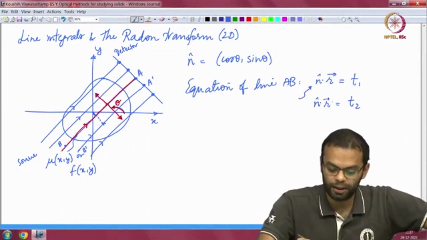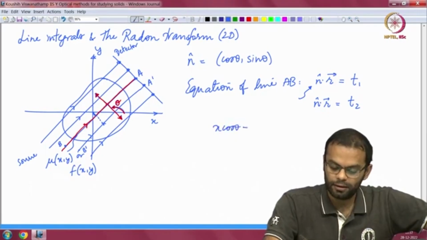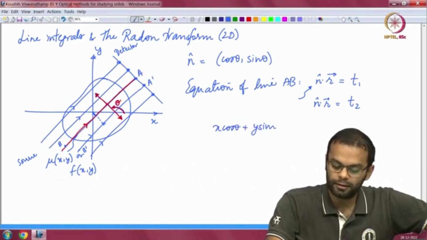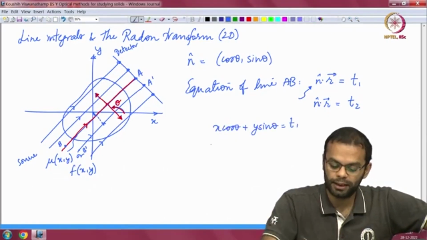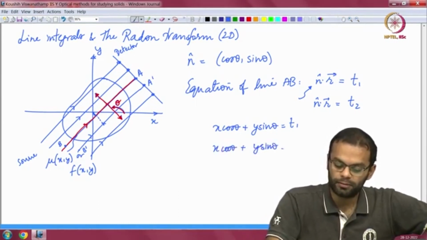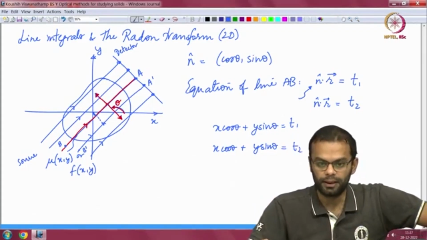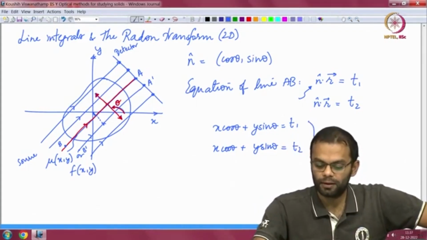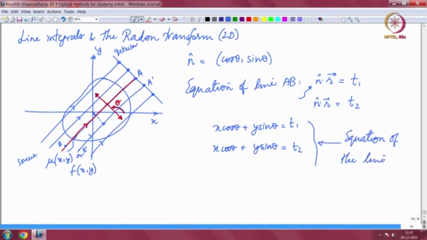So, your actual equation is x cos theta plus y sin theta equal to T1 and x cos theta plus y sin theta equal to T2. So, this is the equation of the lines, the line integral measuring. So, the detector picks up something that looks like this. We are going to call this function p theta of t.